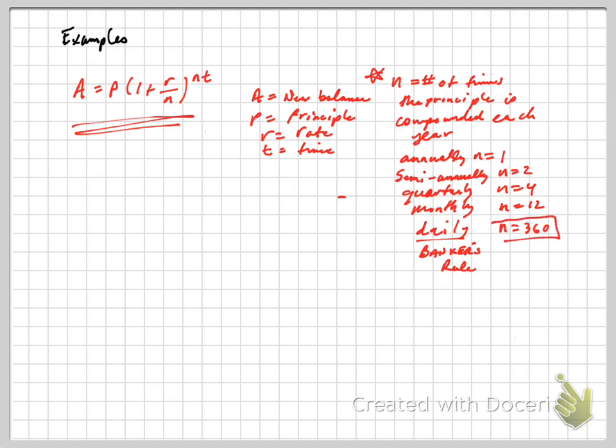And that's what your book uses for daily, 360. Now, the last time I taught business calc, they used 365, which is more normal, what everybody would have guessed if I asked you how many days in a year. So this information on the right-hand side would need to be known, and this formula would be given to you.